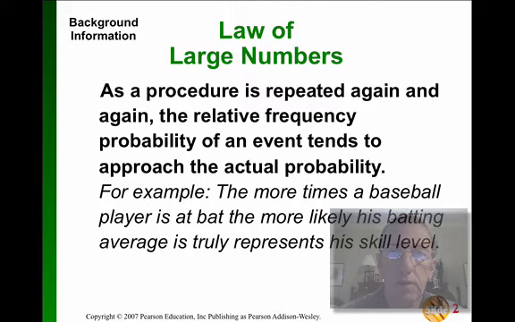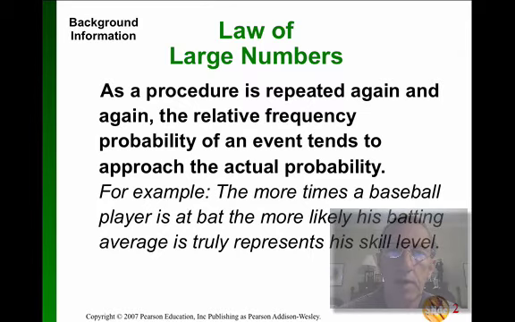So a couple of basic things underneath probability that are core aspects of it. The law of large numbers: the more samples you get, the more likely you are to get true probability estimates. Just like somebody goes to bat twice and they hit once and strike out, you'd say, wow, there's a .500 hitter.